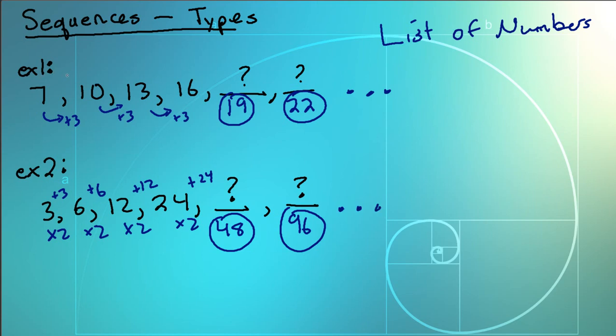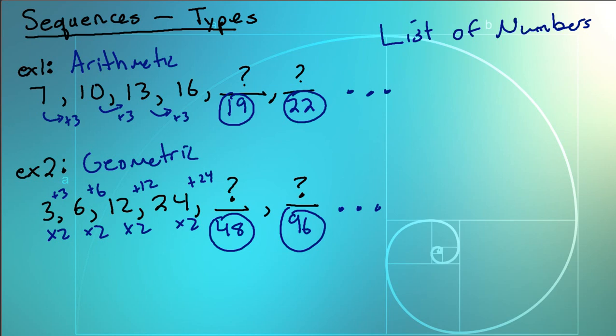So example 1, when we repeatedly add something, that's called arithmetic. And here, example 2, this adding of increasing amounts doesn't count. It's multiplying by 2 multiple times. That's geometric.